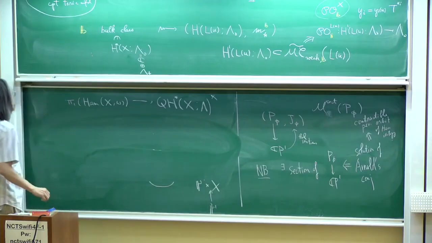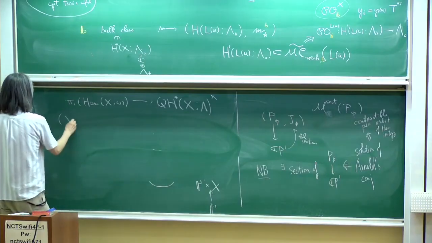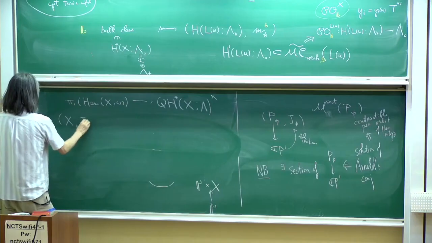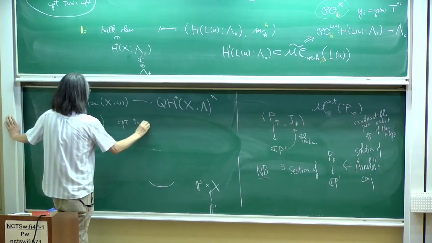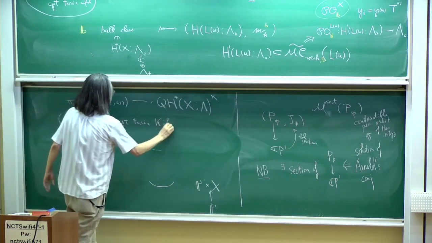Okay. So now consider the case of a toric manifold (X, J, omega), a compact toric Kähler manifold.